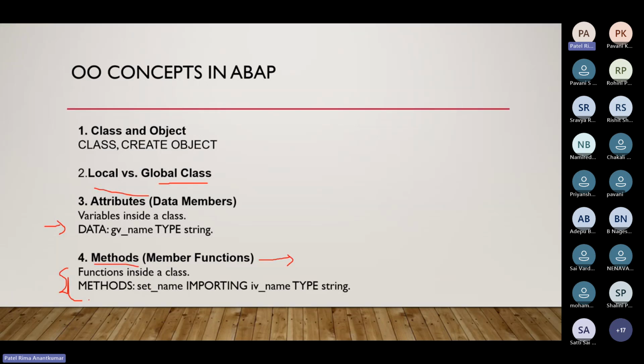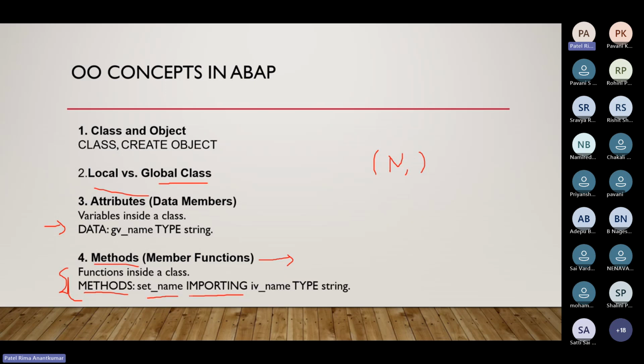So whenever you declare the methods in ABAP, you just need to write like this. METHODS is the keyword, then name of the method you need to write, okay? And in case it is importing anything, that means if the method is expecting parameters inside, it may be an integer, it may be a string, anything, you need to mention that over here.